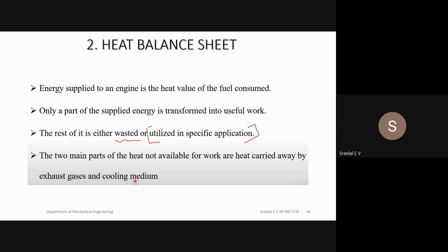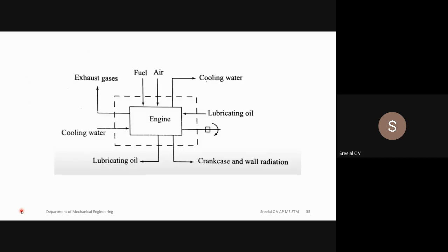Now we are going to understand a flow diagram in which we see what all energy is given into the engine as well as coming out. This is that particular flow chart.